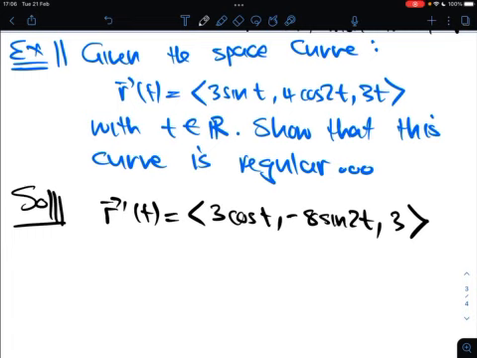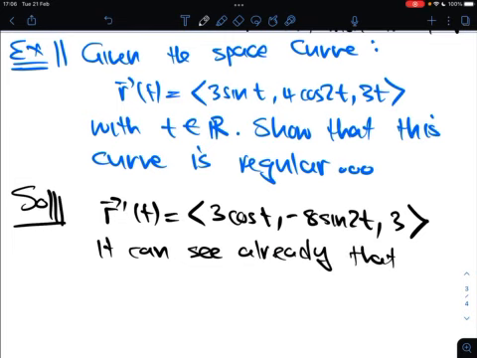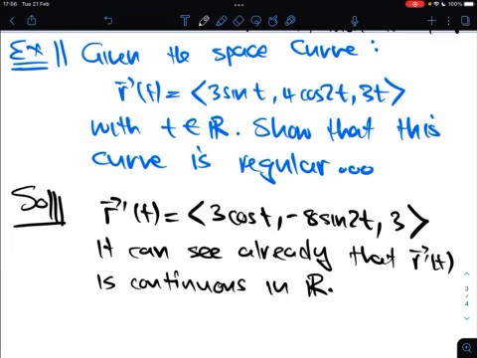So what can we see here? It is easy. It can be seen already that r prime of t is continuous in R. So this is obvious. We can see that, yes.